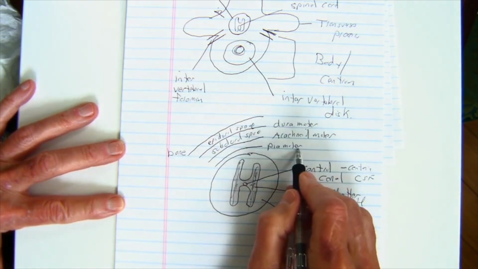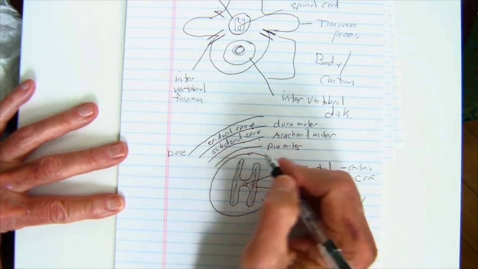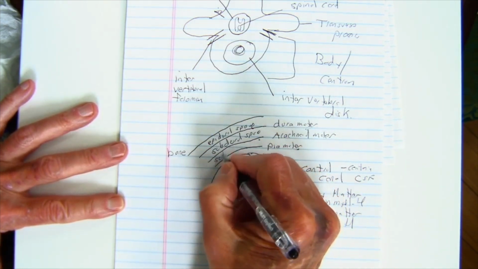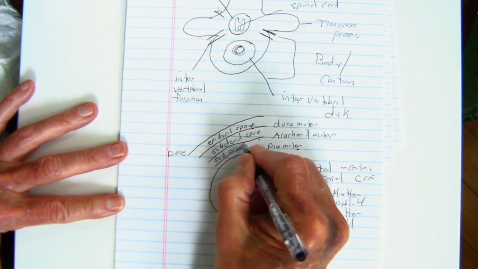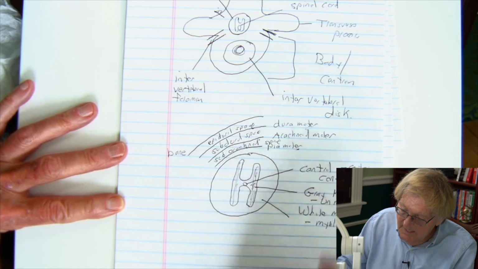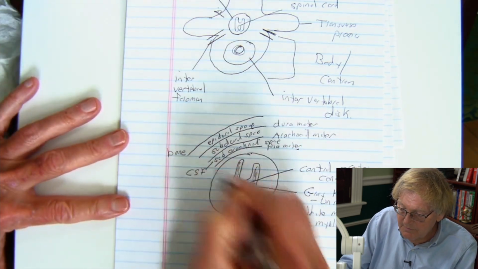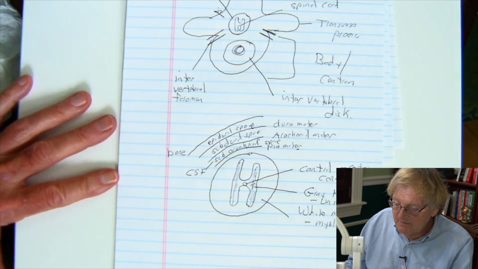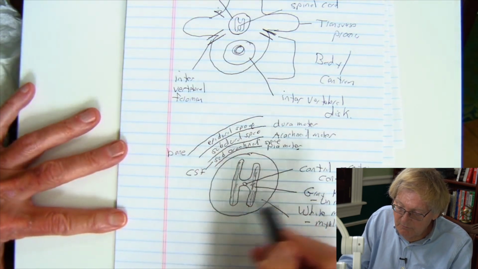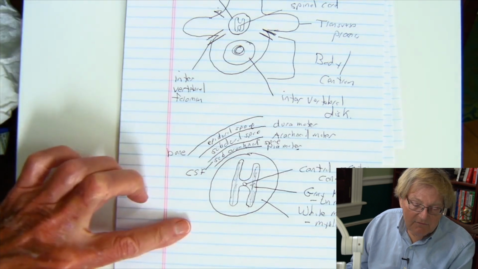If this is the pia mater and this is the arachnoid mater, this is going to be the subarachnoid space. Again, remember the subarachnoid space has CSF, cerebral spinal fluid. And finally, that pia mater is sitting right over the top of that spinal cord itself.